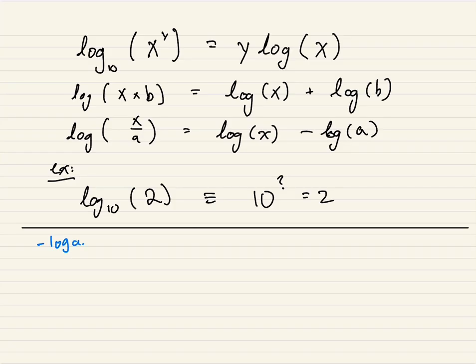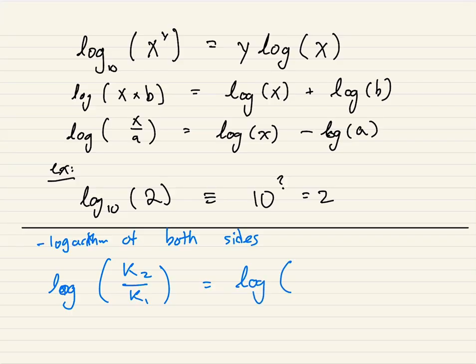So logarithm of both sides. So we're going to do log of K2 over K1 is equal to the logarithm of the concentration N2O5 2 over N2O5 1, all of this to the power of m.